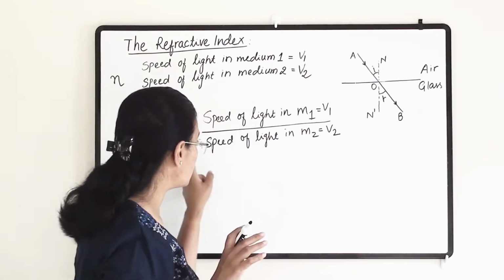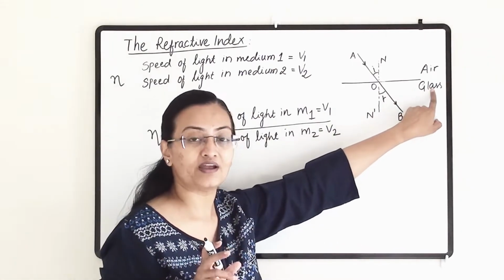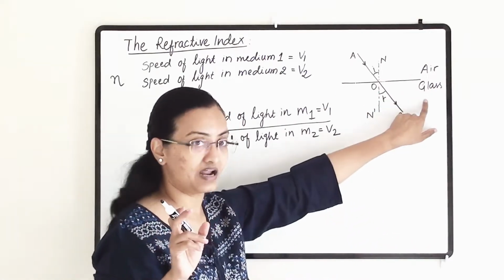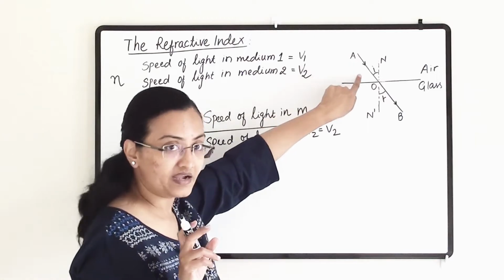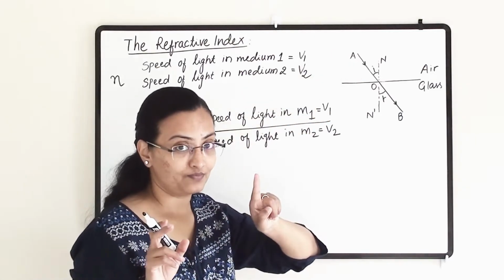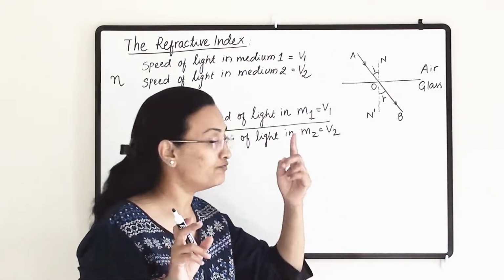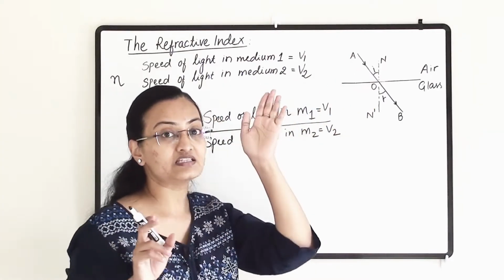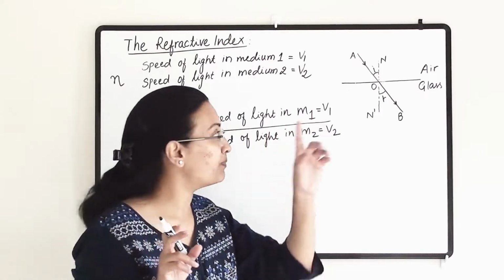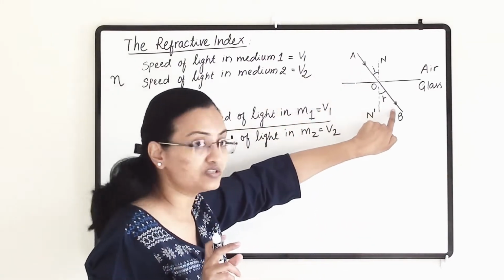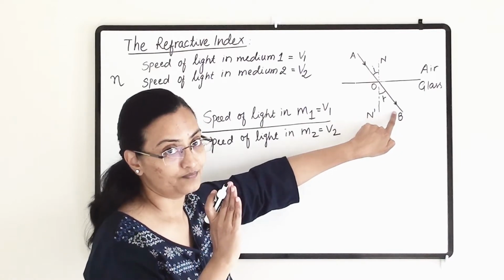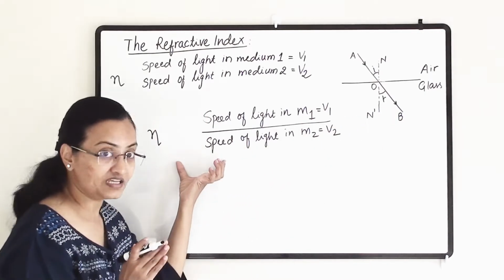This ratio is for finding the refractive index of the second medium, which is the glass medium. Here it is not bending because that medium is air, and even if it is bending, we are checking that with respect to this ray. This ray is our reference ray, and compared to this ray, we are finding how much this ray has got refracted or bent.